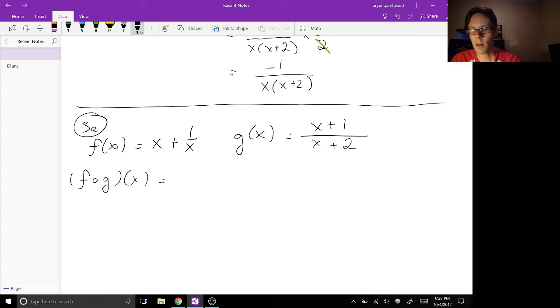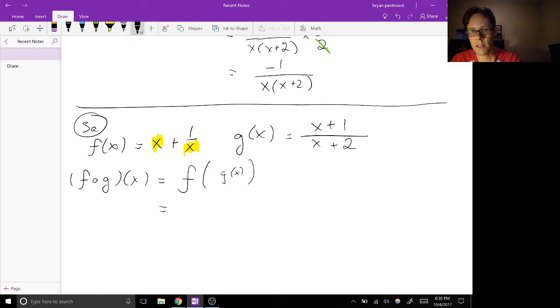Remember that f composed with g is really just saying, take the function f, and then substitute g of x into f. Or in other words, anywhere I see x up here, so like here and here, I'm going to substitute in g of x.